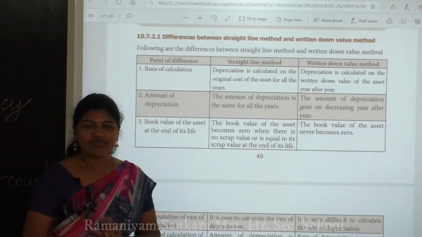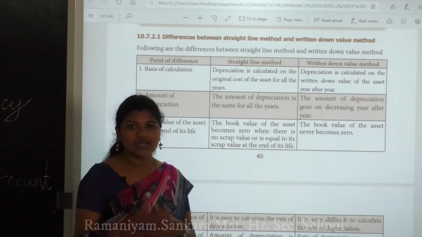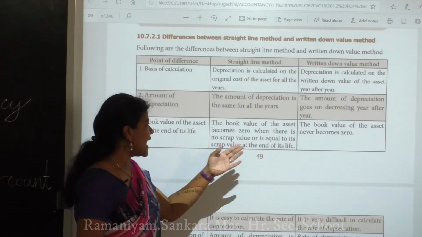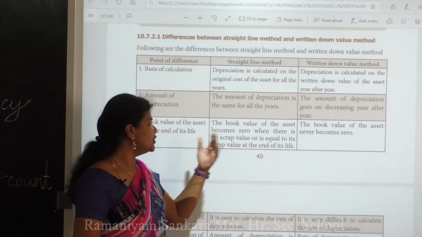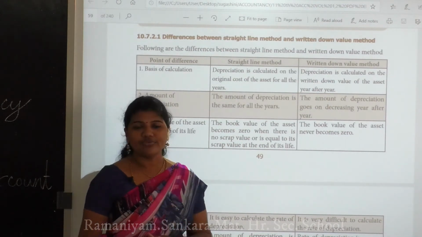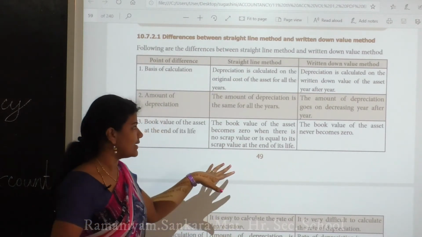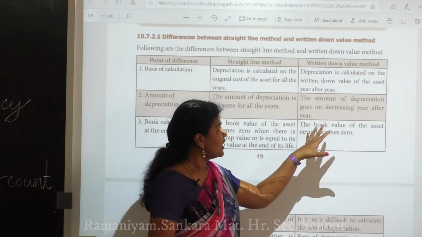Like that. Next is the written down value method.